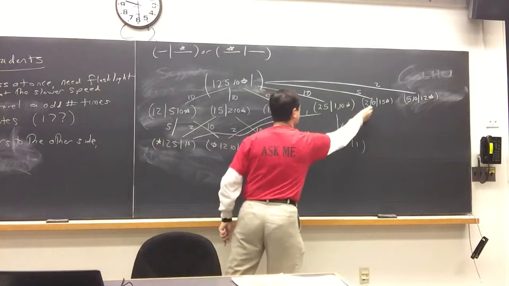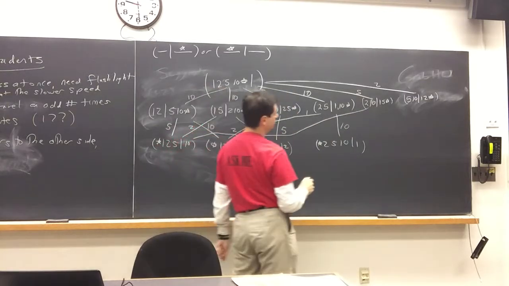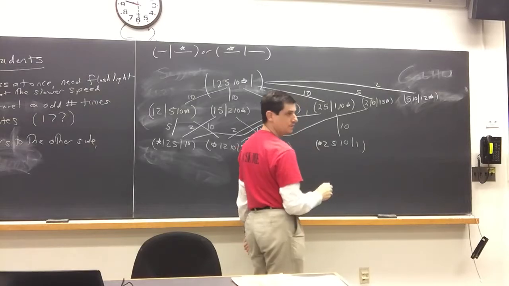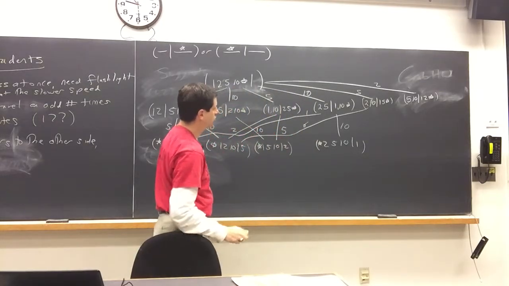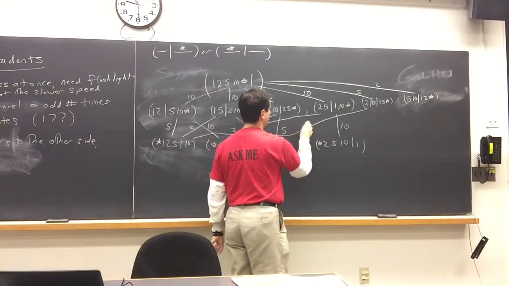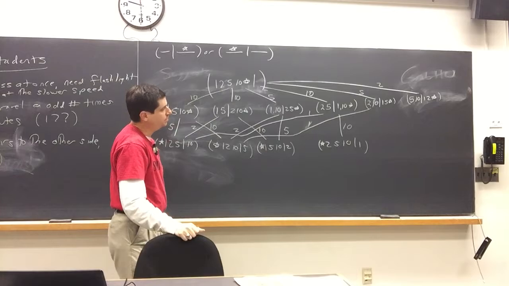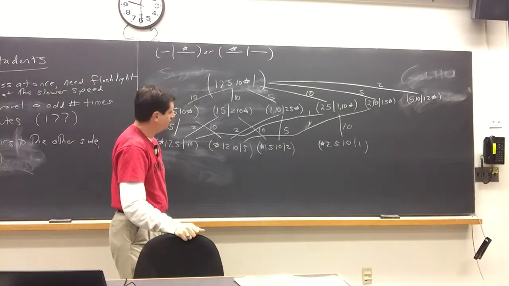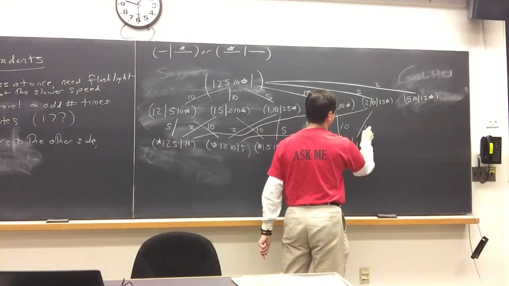That would be this one over here. And that would be, we're sending 1 over. So that'd be 6 minutes. Oh, sorry, 1 minute, thank you. And then we could send 5 over and get 2, 5, 10, which is right over here. And that'd be 5 minutes.